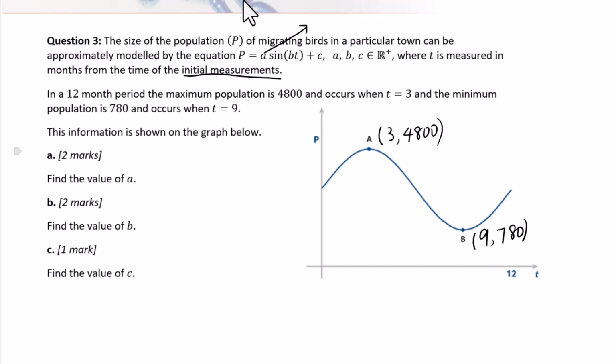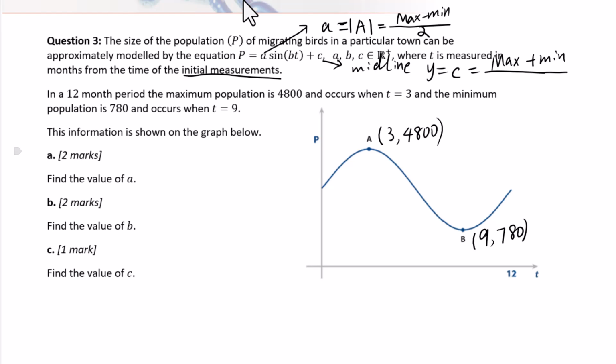This A is an amplitude because A is positive, so A equals amplitude equals maximum minus minimum over 2. This C is a midline. It's a midpoint between maximum and minimum value: maximum plus minimum over 2.